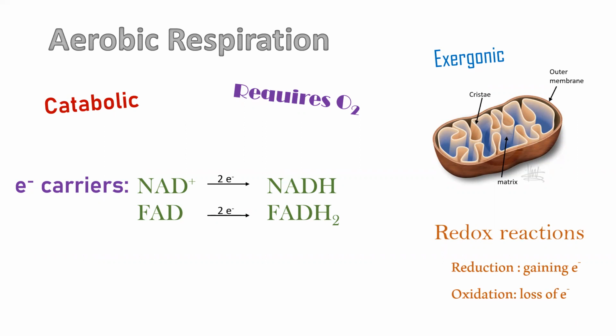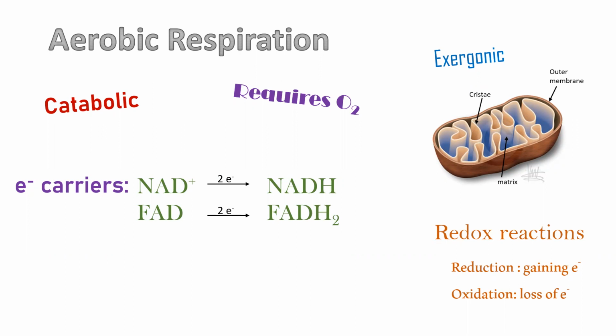Whenever there's a reduction, there's always an oxidation, because look at those definitions. Reduction is gaining an electron and oxidation is the loss of electrons. And so whenever something loses an electron, something else had better be there to gain it, right? We don't want these negatively charged electrons just causing chaos in our cell. So whenever something loses an electron, another molecule is going to gain it.